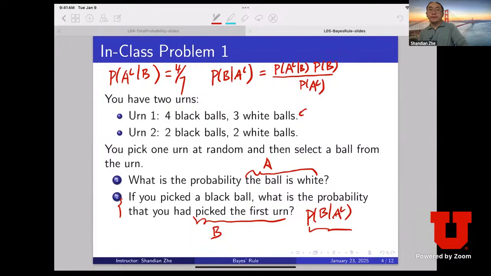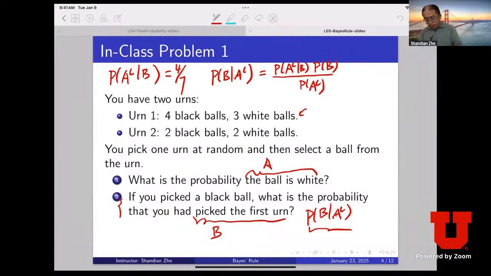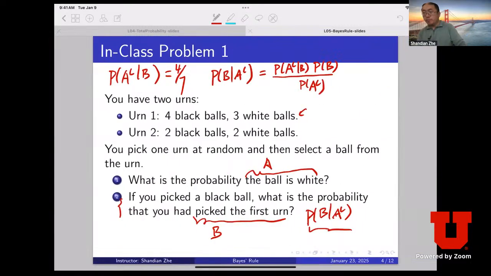This is a straightforward application, where we just use different symbols: B should be A complement and A should be B. If you replace those by the new symbols, it is like this.